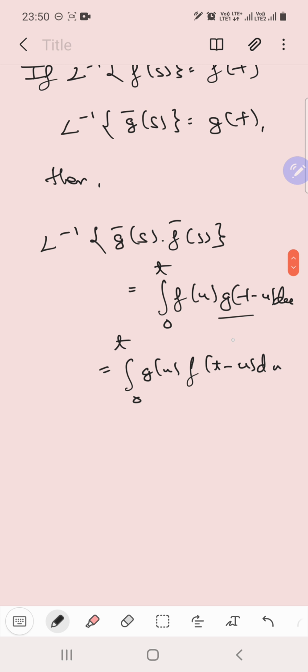So by substitution, this gives you this only, nothing else. Now if you put u equal to t minus u here, you get this particular thing, nothing else. So this is the convolution theorem, got it?